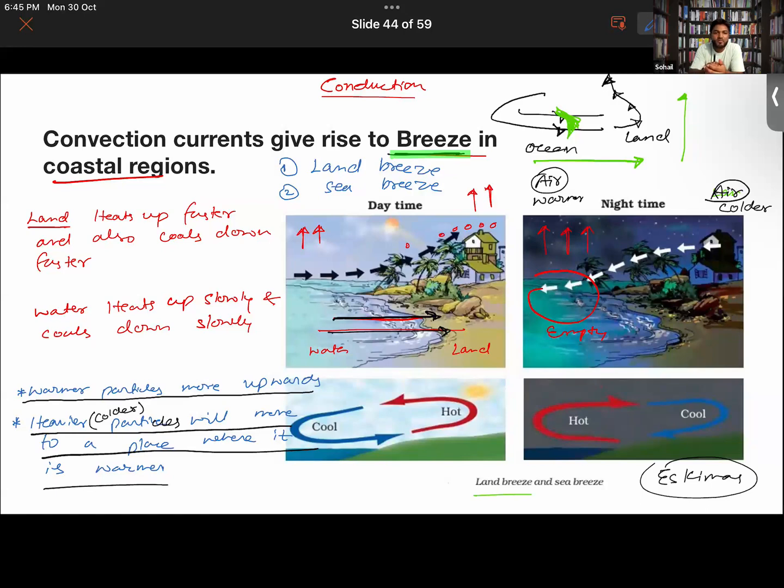Convection here is playing a major role. The temperature in the coastal areas is being maintained by this convection. Convection is playing a major role in maintaining the moderate temperature in those places which are nearby the coastal areas.